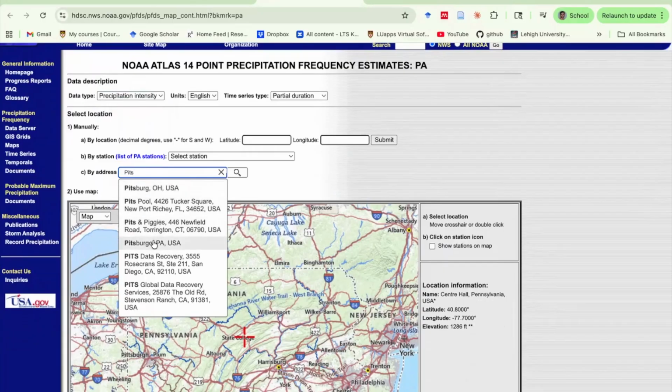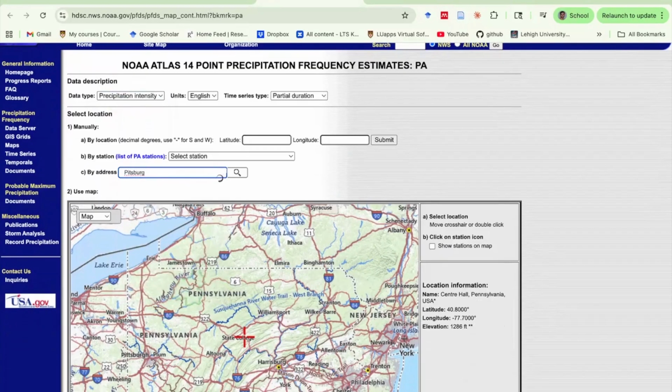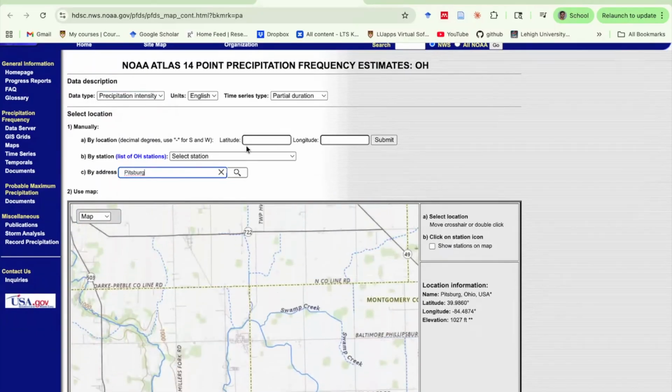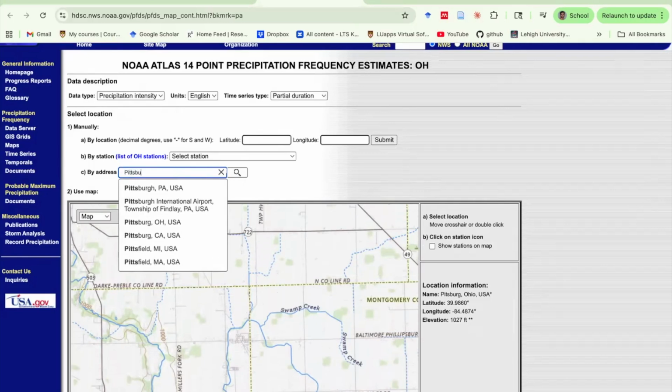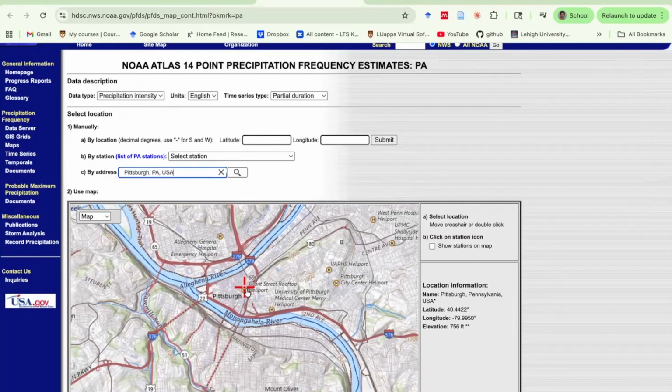So I typed Pittsburgh, PA, and we can see a cross here.